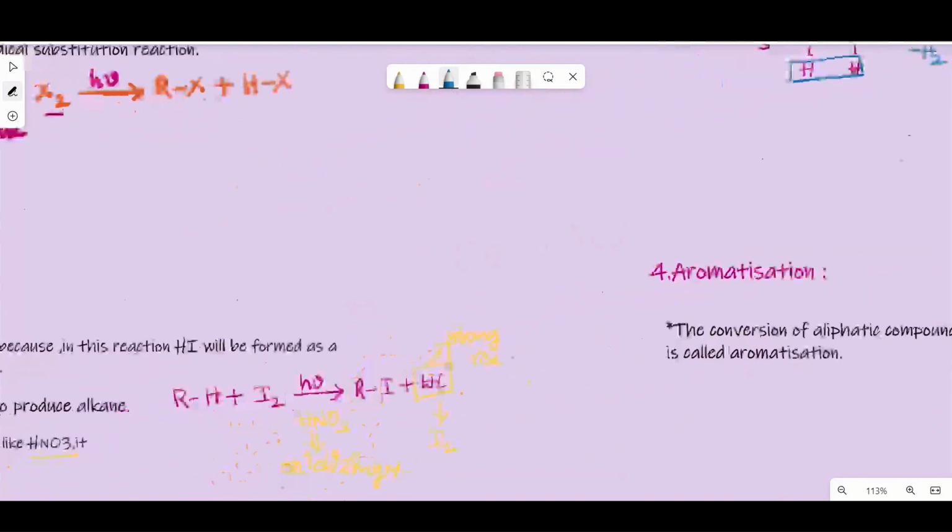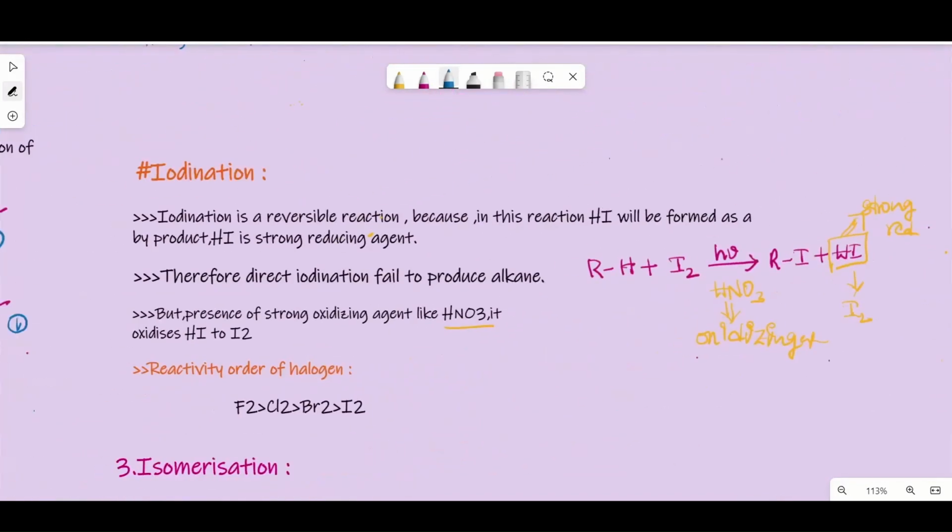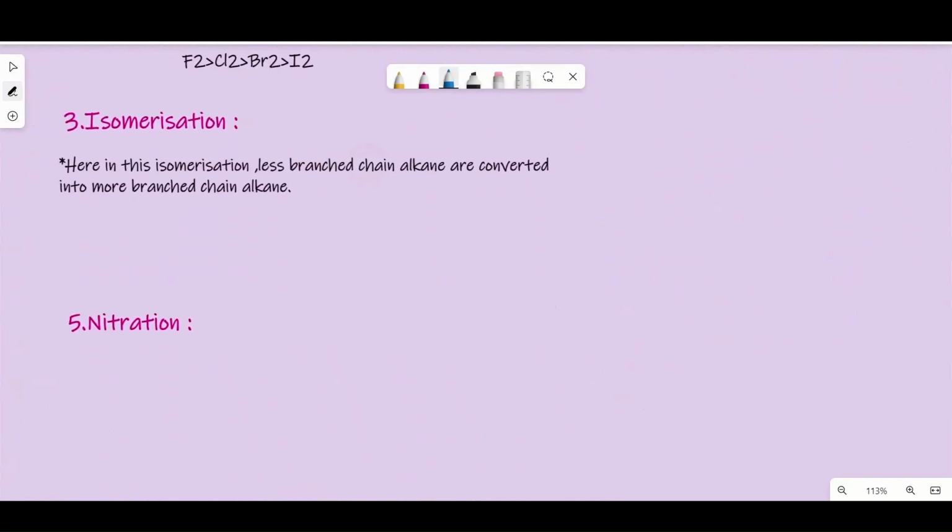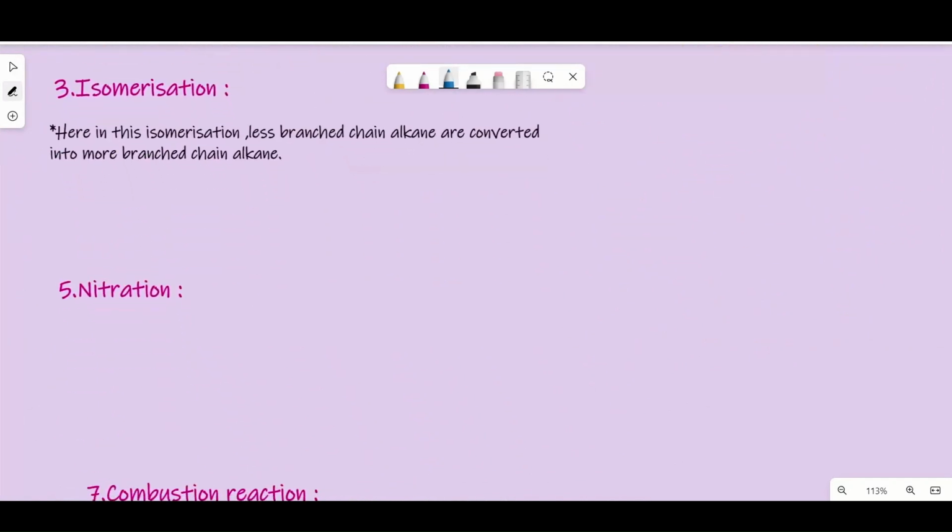Next, let's see another chemical property. Here it is isomerization. This is also important because you should remember the reagent here. If you don't remember the reagent, then you won't know which reaction it is. So the reagent is very important. Generally in this reaction, less branched chain alkanes are converted to more branched chain alkanes.